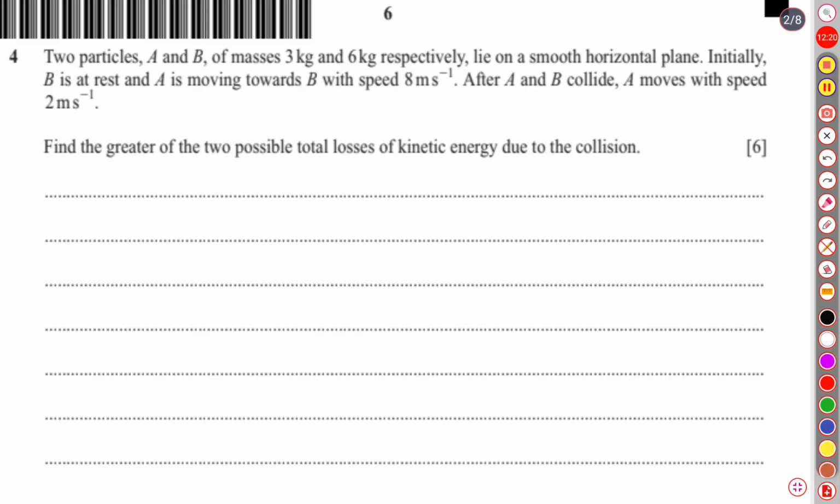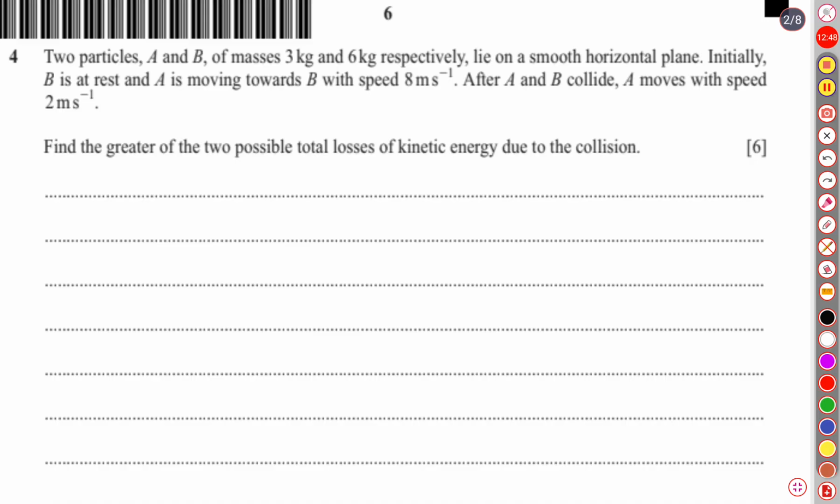Okay, to find the loss of kinetic energy due to collision, we apply the concept of the conservation of momentum, and the components of conservation of momentum are velocity before the collision and velocity after the collision. So let us find one after the other.